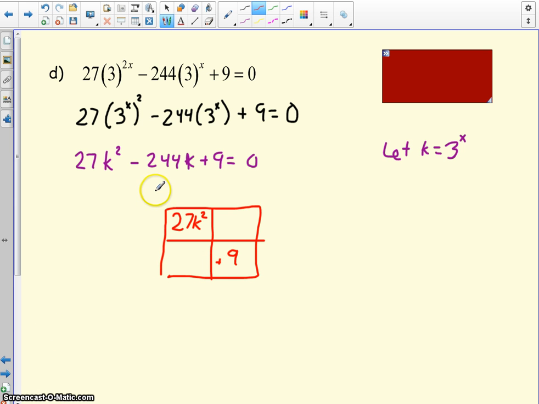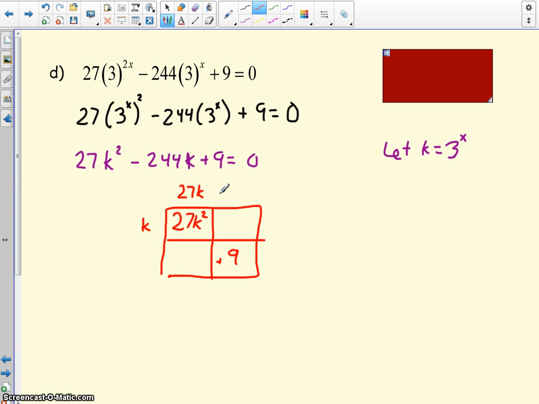I'll let you try and factor through this one on your own, but the arrangement that does work here is 27k minus 1 and k minus 9. Okay, so I end up with minus 243k here and minus 1k here to get the minus 244k that was in the middle.